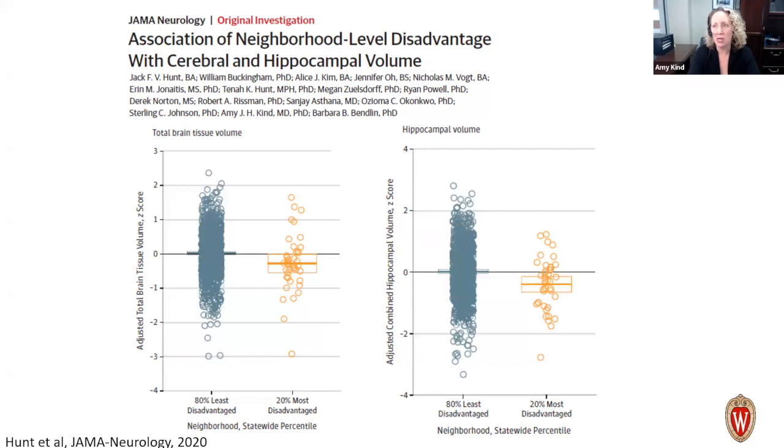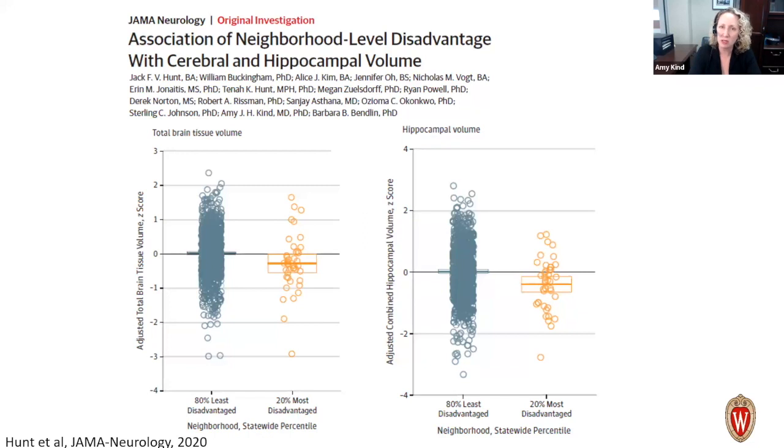Now, Dr. Hunt also conducted mediation modeling to see if he could explain some of these differences. And interestingly enough, the total brain tissue differences could be mostly explained by cardiovascular risk, diabetes, smoking, heart disease. These types of phenomena seem to explain a lot of the differences that were seen between these two groups in the total brain tissue volume.